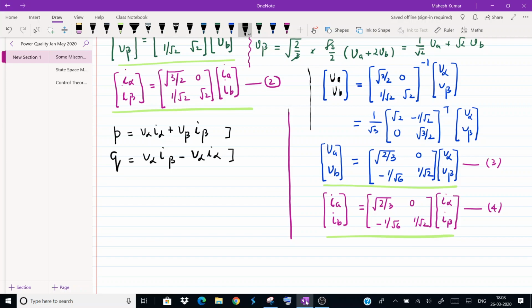Remember? And this can be expressed in the form of a matrix: P and Q equal to, this is B alpha and this is B beta here, and this is B beta actually, so please correct this.